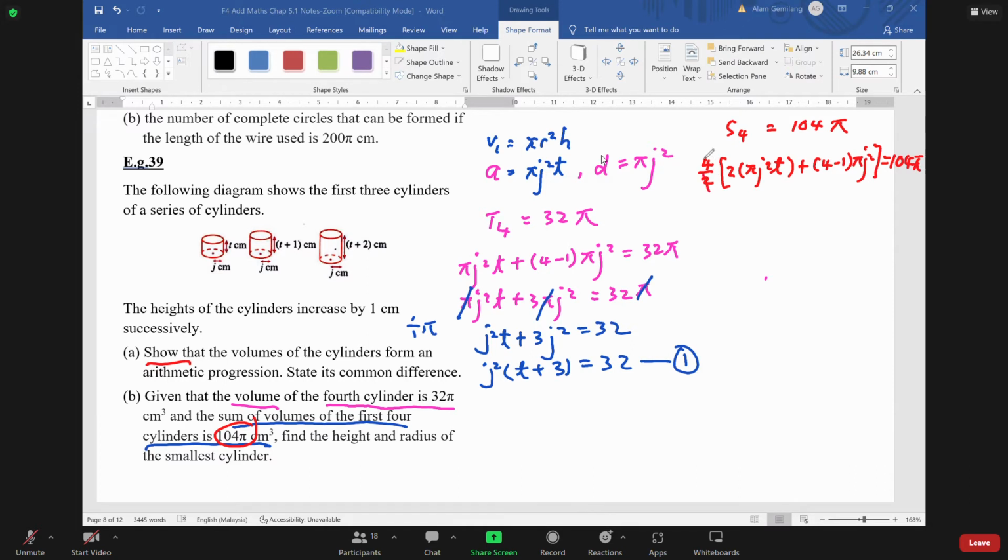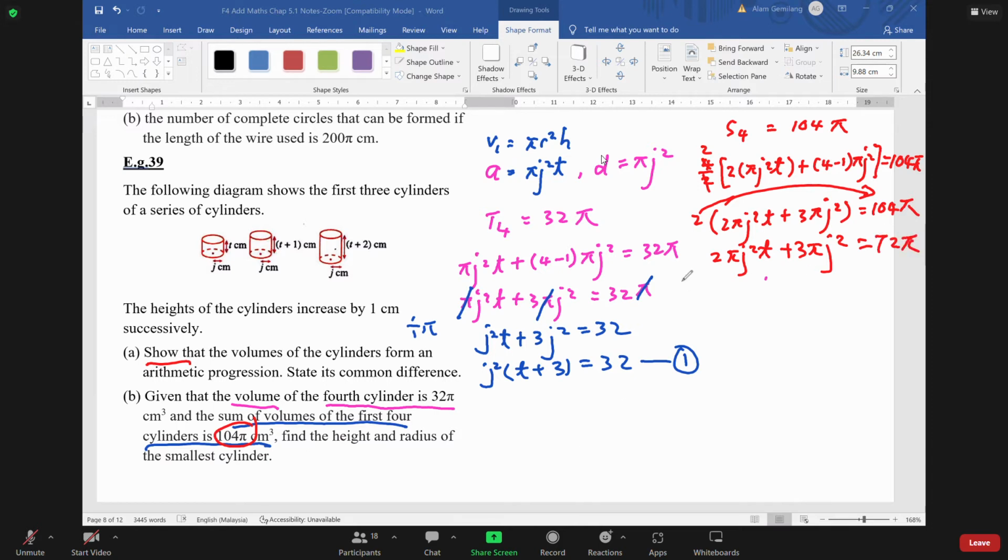So simplify: here we have 2 pi j squared t plus 3 pi j squared equals 104 pi. Of course you can bring over to the other side and divide, so 104 divided by 2 is 52.